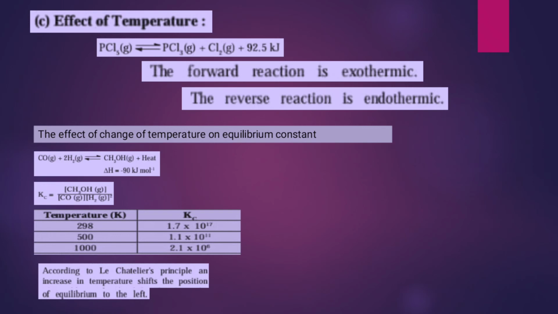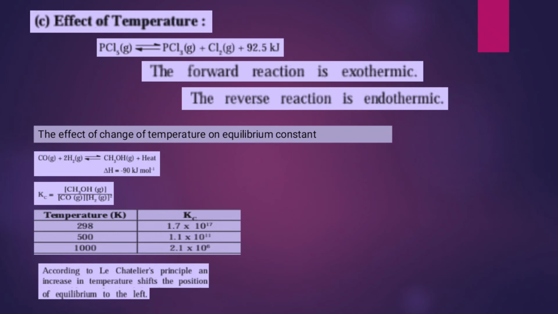Now see the table which is there. This table shows the equilibrium constant Kc at various temperatures. See the temperature given in Kelvin and you have the value for Kc. If the temperature is 298 Kelvin, then the value for Kc will be 1.7 into 10 raised to 17.